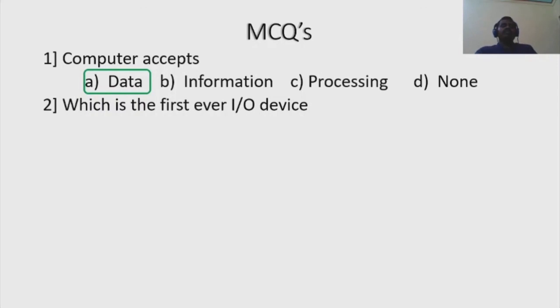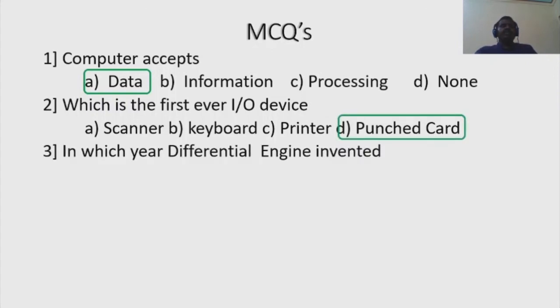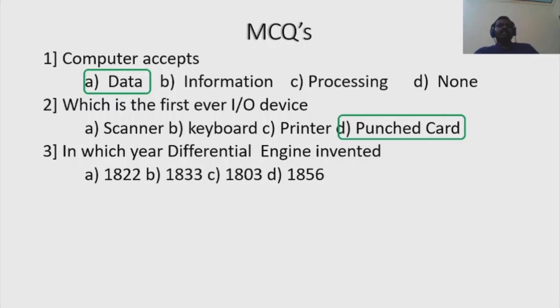The options are scanner, keyboard, printer, and punch card. The answer is punch card. In which year was the differential engine invented? The options are 1822, 1833, 1803, 1856. The answer is 1822.